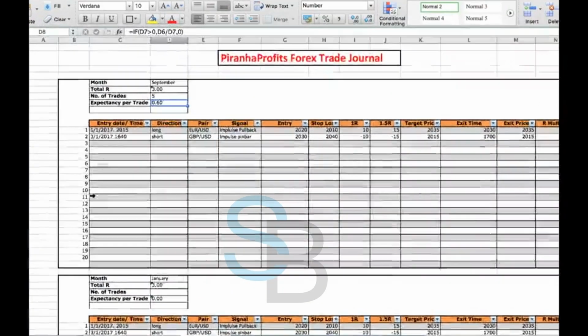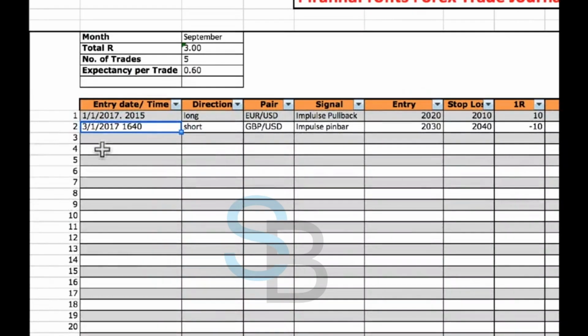So how do you fill this in? I've already given you two examples here, the first two examples. So you can then fill in the rest based on these two examples. So the first thing is to put in the entry date and time. Are you going long or short? Key in the currency pair. What's the signal? What's the strategy, right? So it's either going to be the impulse pin bar or the impulse pullback that you've learned in this program, okay?